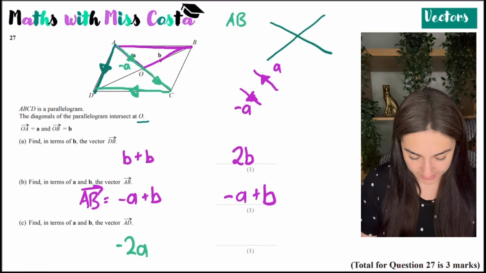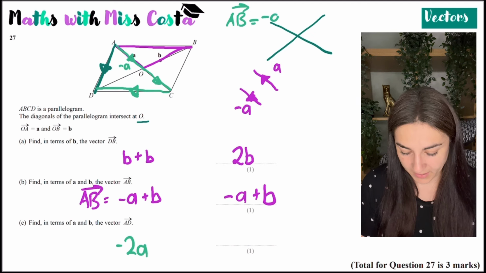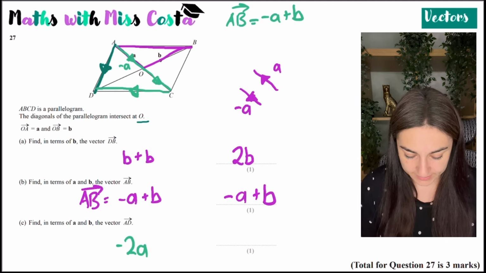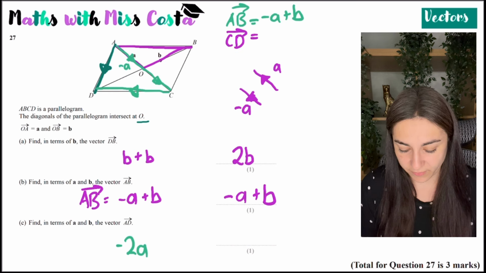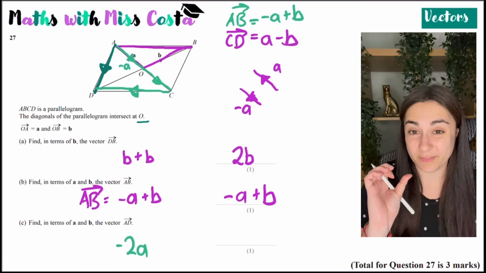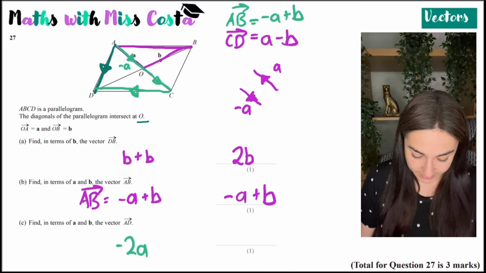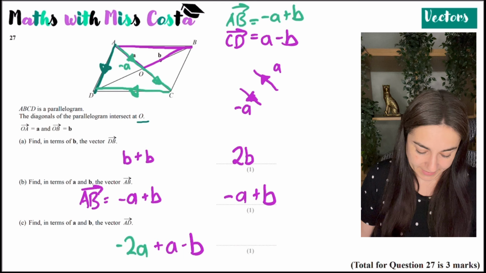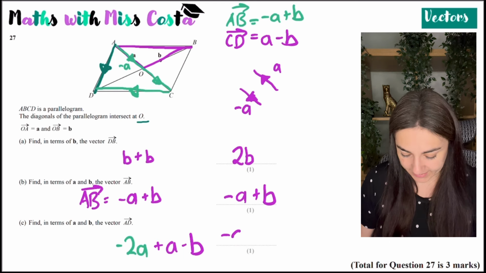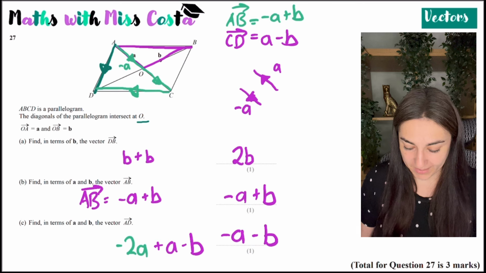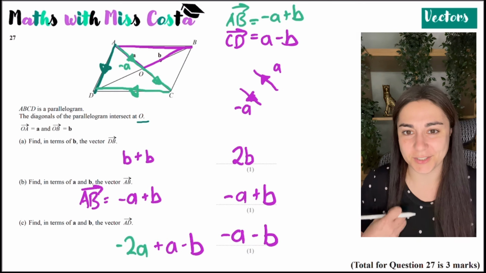I know that AB is minus A plus B, so CD, which is the reverse direction, would be A minus B, because I reverse everything. So that would be plus A minus B. So minus 2A plus A is minus A, and then I'm left with minus A minus B. And that's how I do that question.